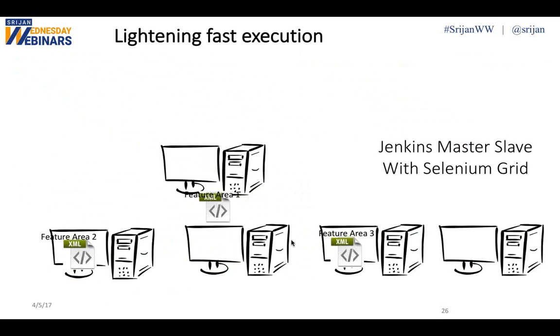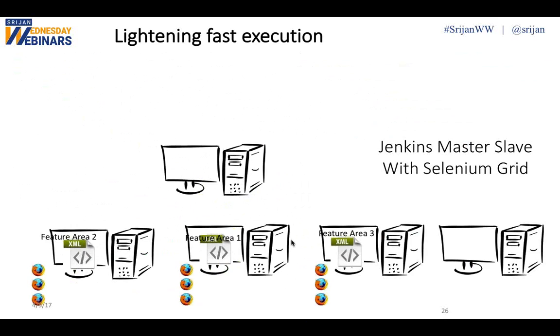But as I told, a standard Windows 7 machine can run 12 parallel browsers in one go. What happens if, in our case, for example, each feature area has more than 100 test cases? So while the 12 test cases are running in parallel, the other test cases are still waiting to execute.